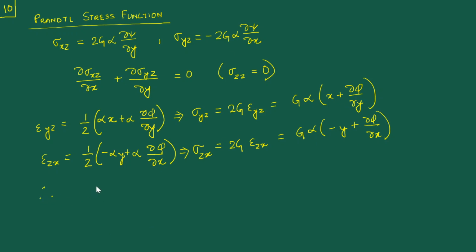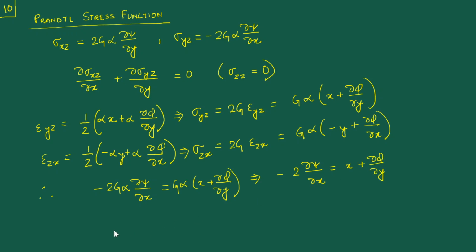Therefore, I'll have minus twice G alpha del psi del x from here will be equal to this thing, alpha G times alpha x plus del phi del y, so that I end up with minus twice del psi del x is equal to x plus del phi del y.